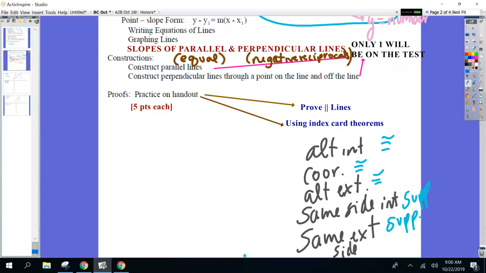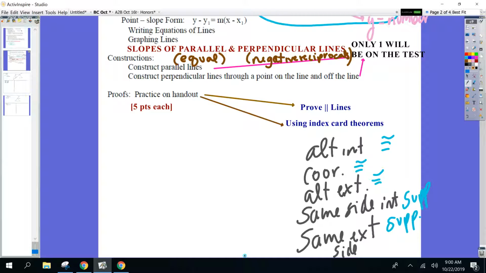If it says prove AB parallel to CD, you need one of these 5 to exist, whether they be congruent or supplementary. They need to be there. And then the second proof, you're going to have to use the index card facts. You'll have to use the index card theorems on that last proof.